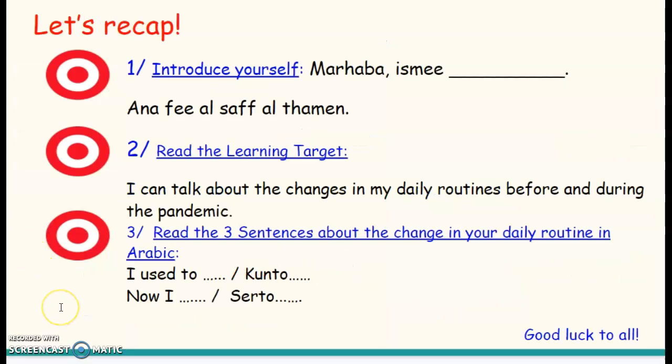The last slide that we have is really a recap. Like I said, first thing, you open a Google slide document, you put your name and the title, and then when you are ready to record your voice, you're going first to introduce yourself with like مرحبا, اسمي Miss JJ, أنا في الصف الثامن.